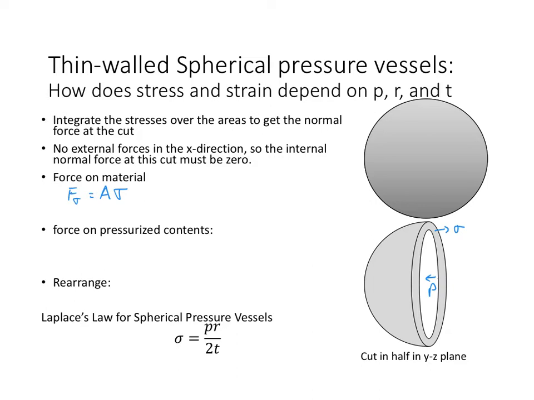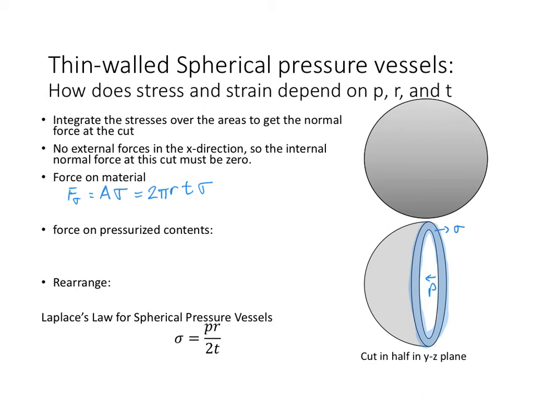Now the area we're talking about here is just the area of the material. We could look at it as the inner and the outer radius, but because it's thin-walled, we can also think of it as the whole length of that wall, the circumference 2 pi r, and then we multiply that by the thickness. And so the force then is just 2 pi R T times that sigma.